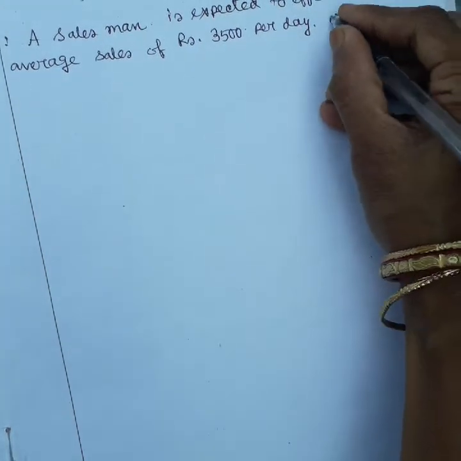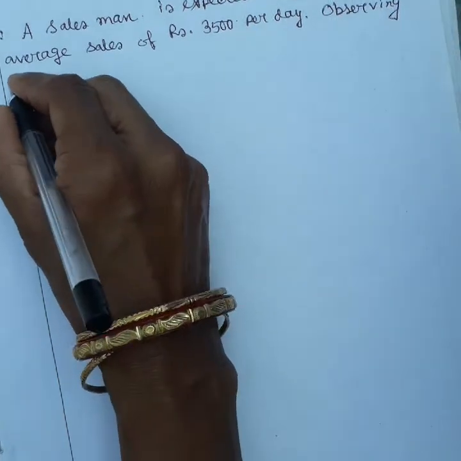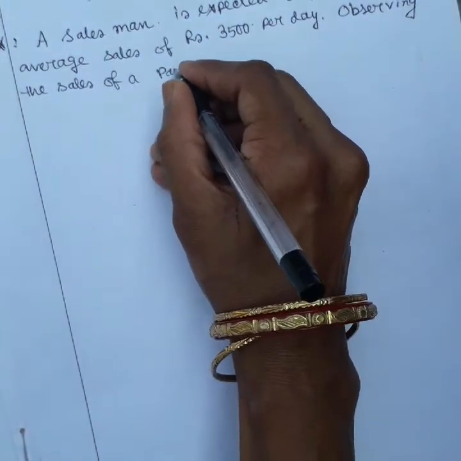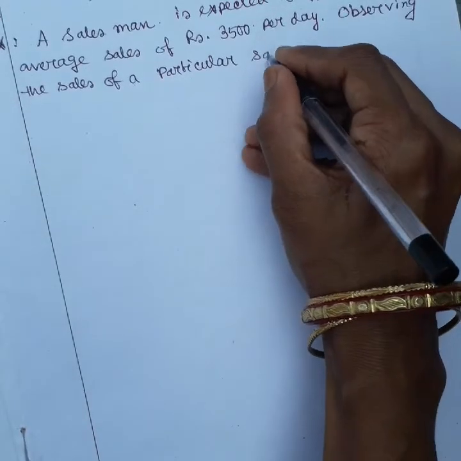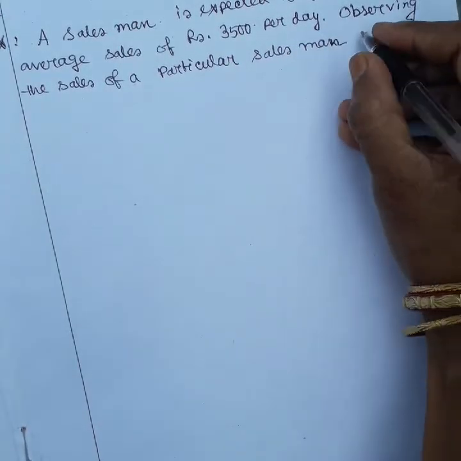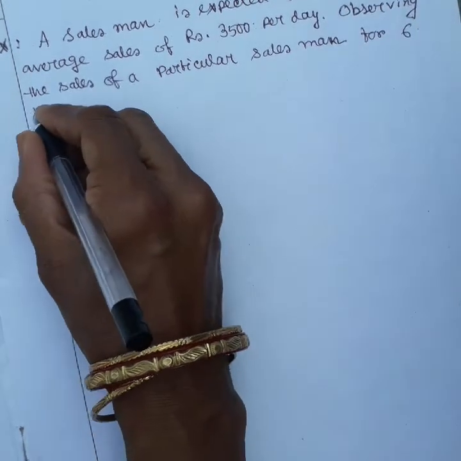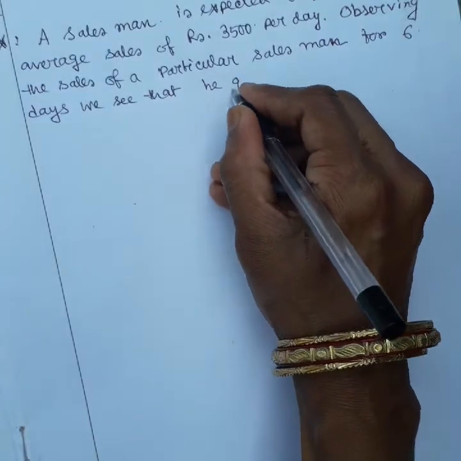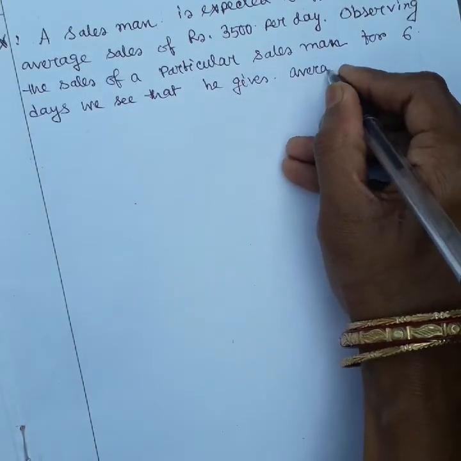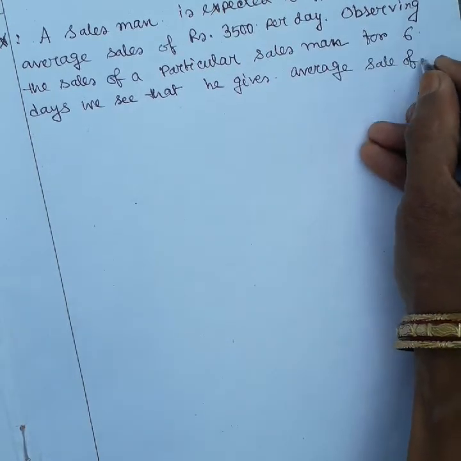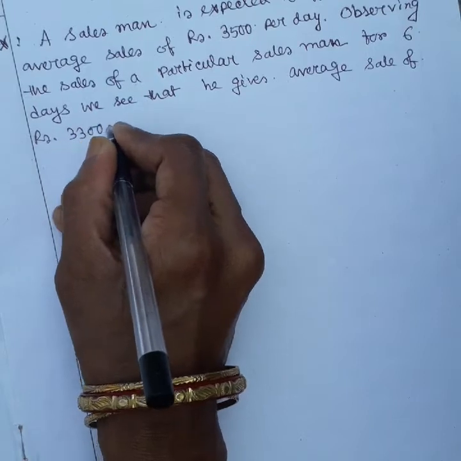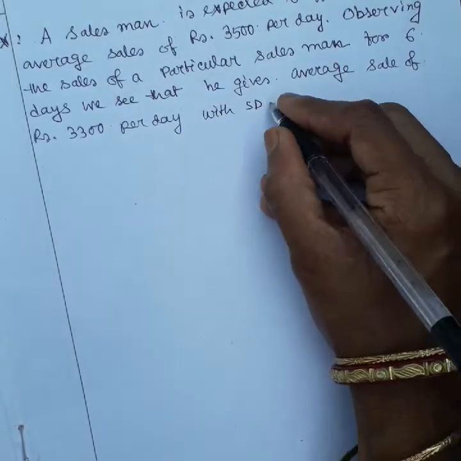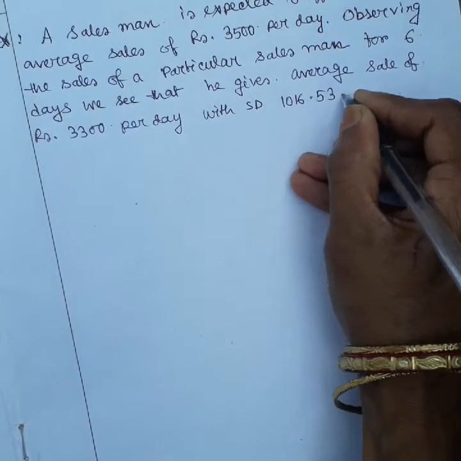Observing the sales of a particular salesman for 6 days, we see that he gives an average sale of rupees 3300 per day with SD 1016.53.